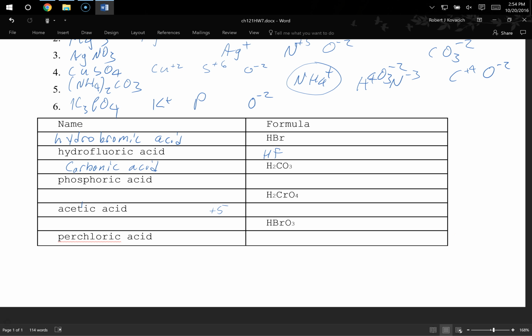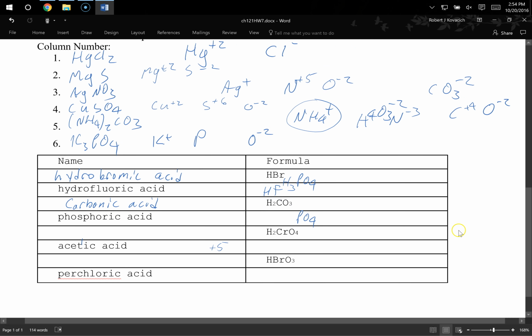All right, so I have phosphoric acid. So that's telling me I've got an H starting with this because it's an acid, and then it was phosphoric, which means I'm talking about the polyatomic ion phosphate, which is a PO4 with a -3 charge. And so the H's that I'm putting in front, I'm going to need 3 of those guys.